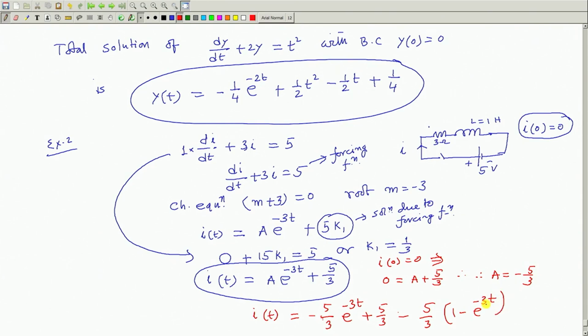For this RL circuit, the final current is 5 by 3, and the time constant is 1/3. Therefore, you get the same solution very quickly.